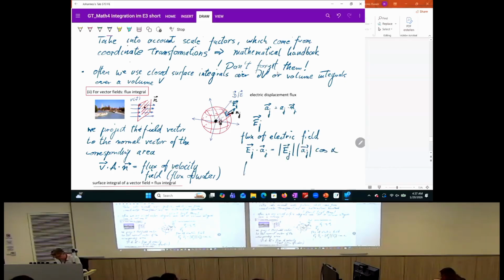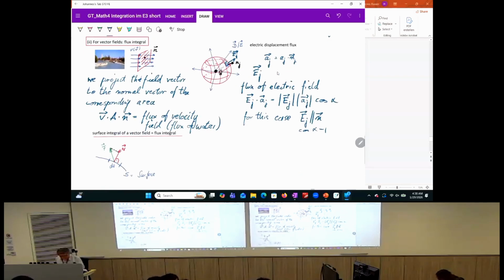And in particular, in this case, because we have this as a concentric sphere over the charge, it becomes actually convenient because a j is parallel to the normal vector. So cosine alpha is 1. We can get the flux through a j, where cosine alpha is just 1, and the a j itself corresponds actually to this delta surface area, so the dA.